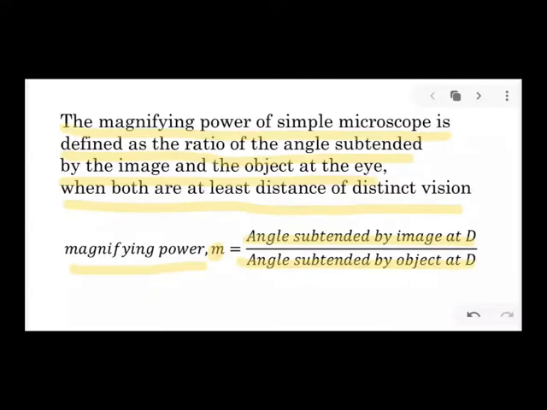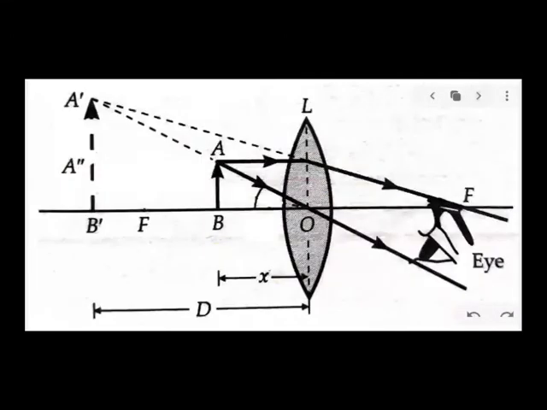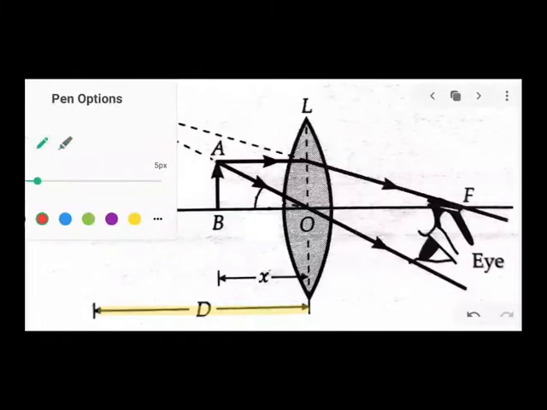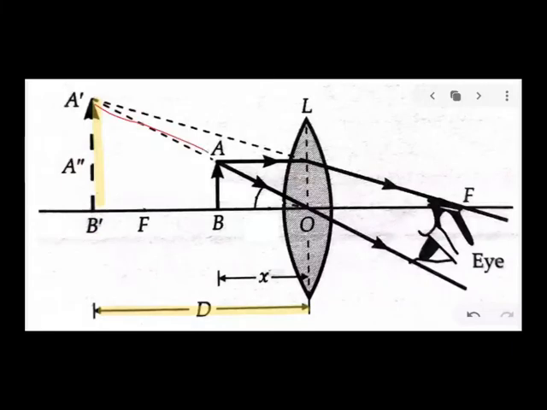Now what does this mean? Suppose my image A dash B dash is at the least distance of distinct vision capital D, and my image makes an angle at the optical center O. This angle is beta.